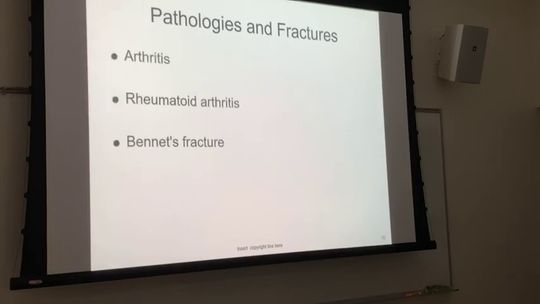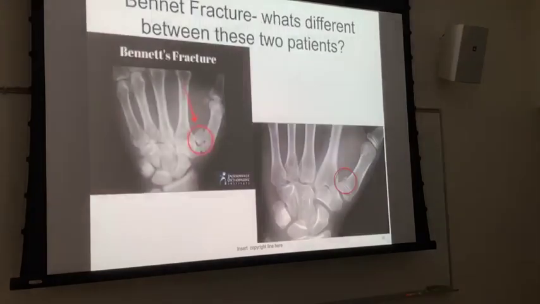In some cases, you wind up with a fracture of the proximal first metacarpal, and it's called a Bennett's fracture, also known as a ski pole injury. It can happen elsewhere with other similar types of injuries, but specifically it's known as a ski pole injury.